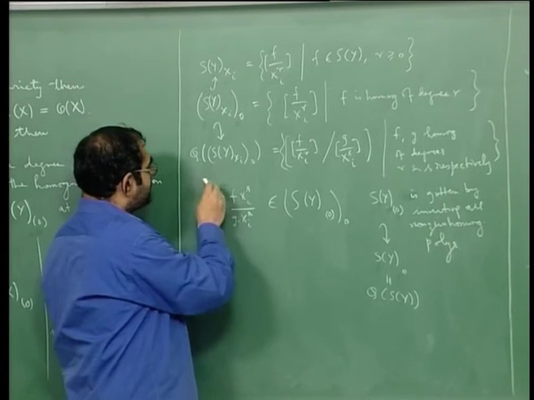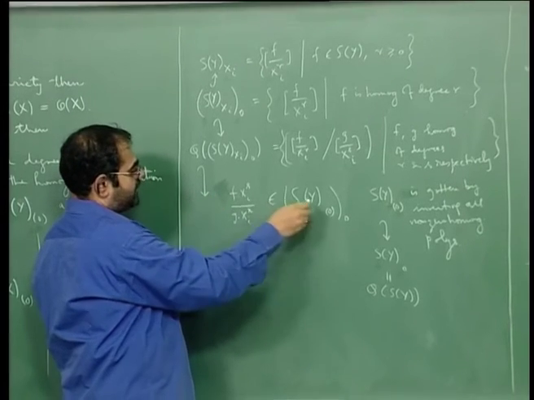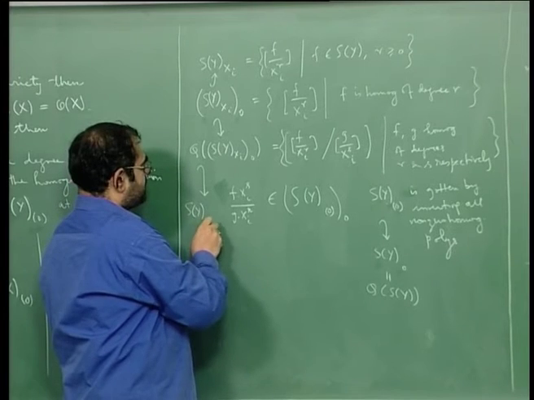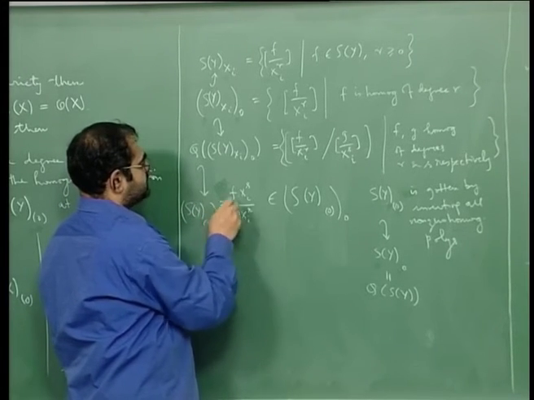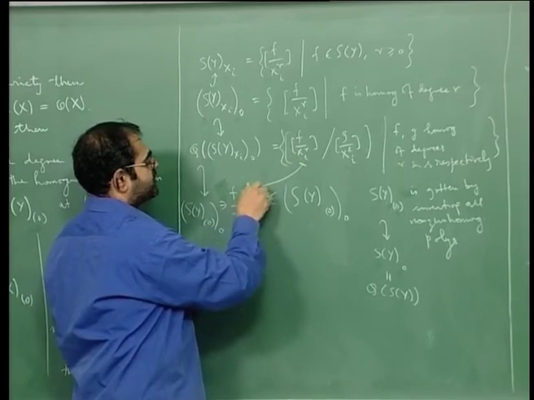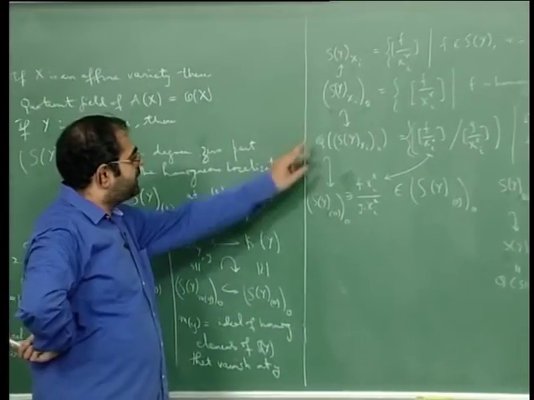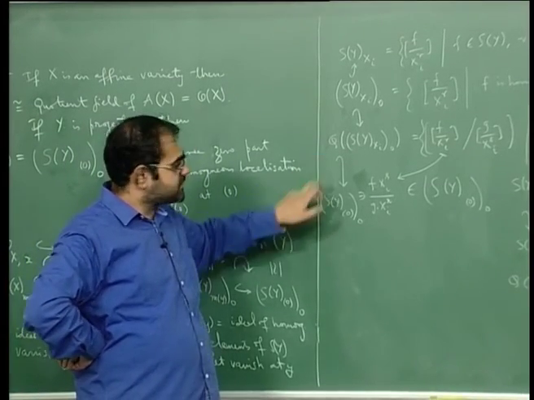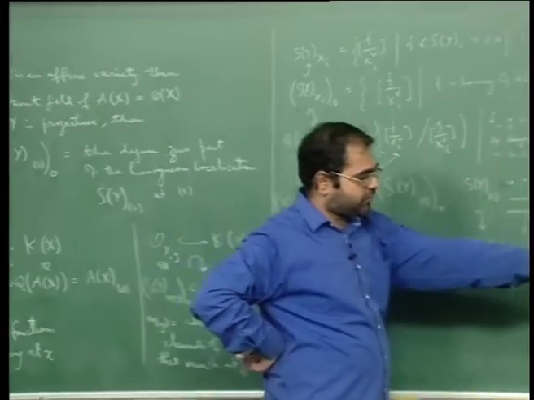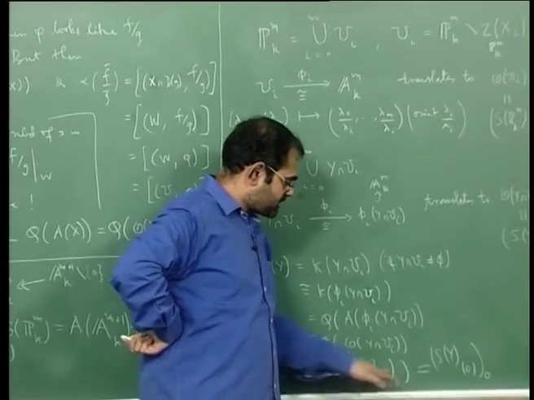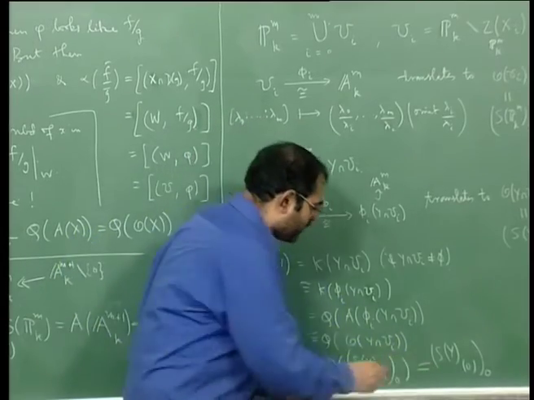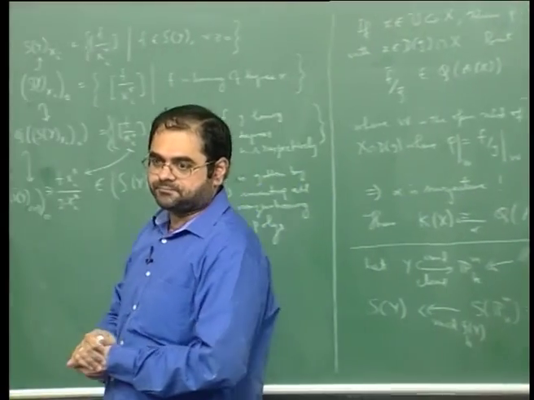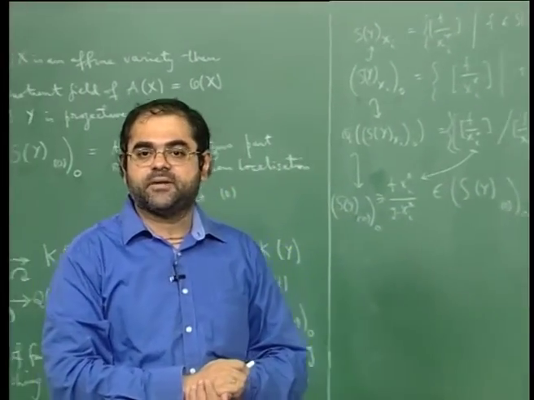Therefore you can see that this certainly sits inside the homogeneous localization degree 0 part to which this belongs, and that is a map. You send this guy to this guy, and you can check that this map is injective. What we are trying to say is that this is also surjective, that is what we want to prove. We want to show that there is an isomorphism between this and this. I have written equality, but in most cases the equality is just isomorphism; with proper identification an isomorphism can be treated as an equality.